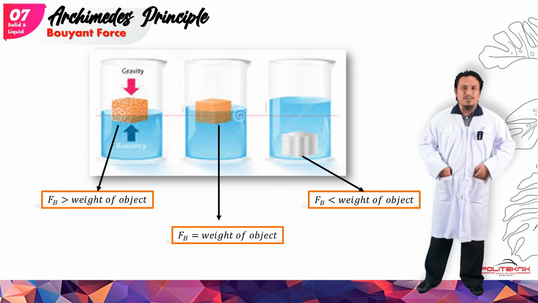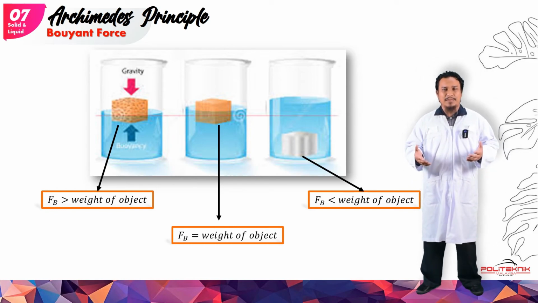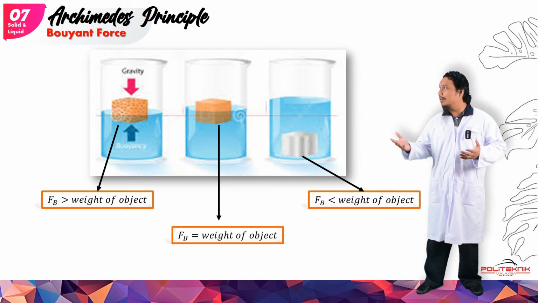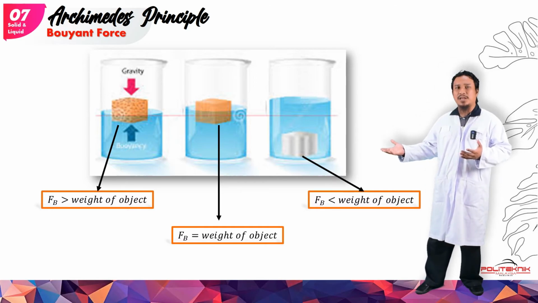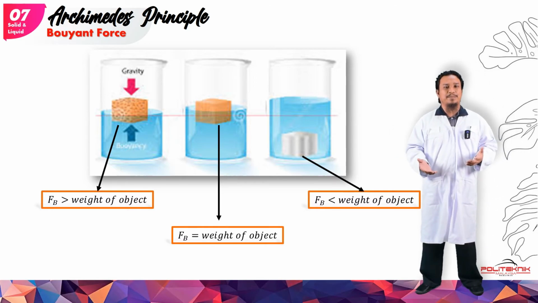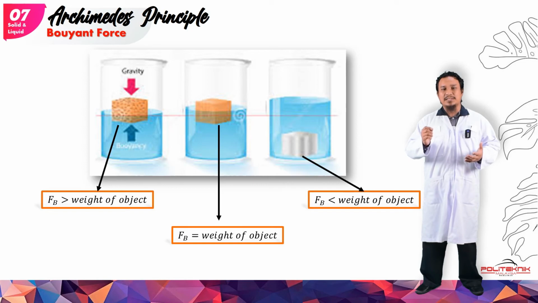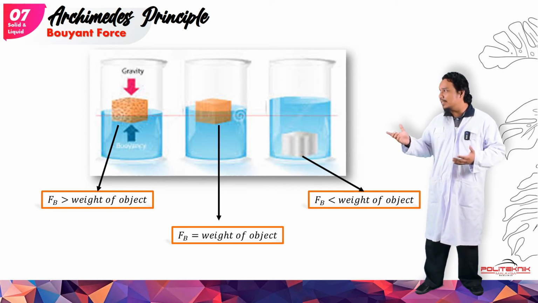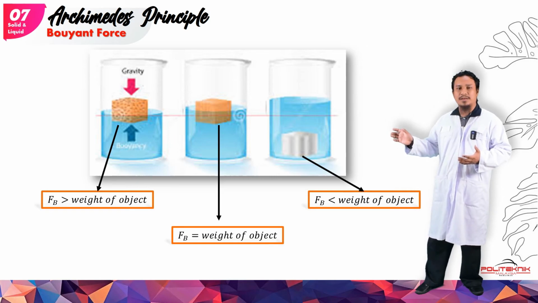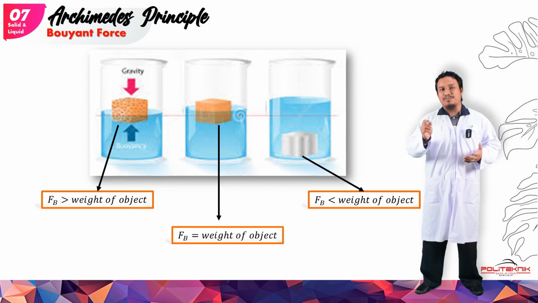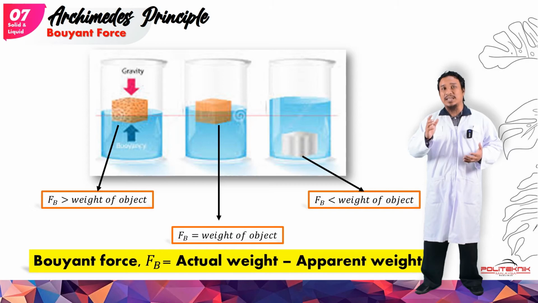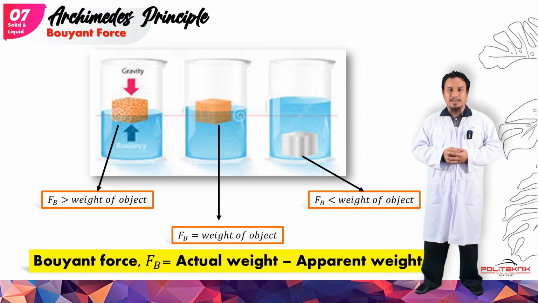To further explain buoyant force, the figure itself is self-explanatory, where buoyant force FB equals actual weight minus apparent weight. If you look at the first beaker, FB, the buoyant force, is greater than the weight of the object.